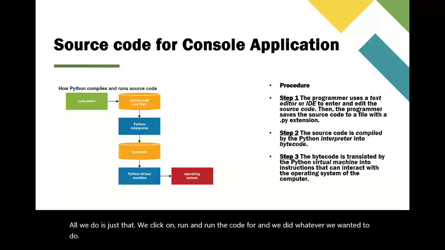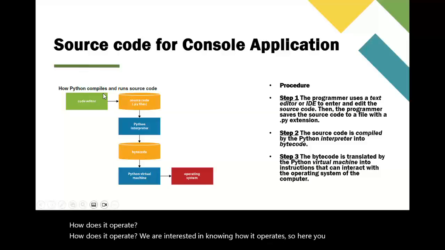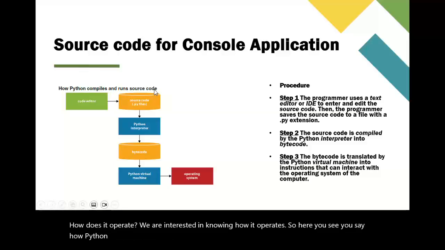But how does this actually operate? We are interested in knowing how it operates. So here you see, how Python compiles and runs source code. What do we mean by source code?